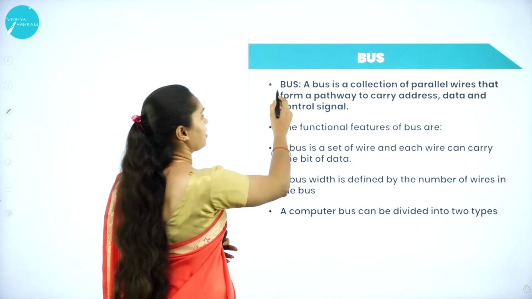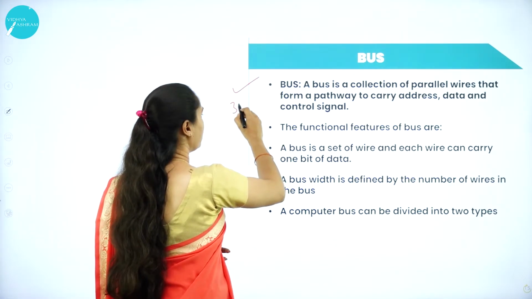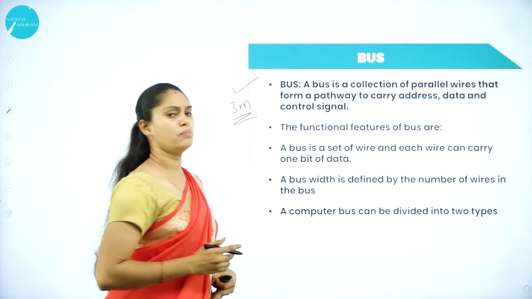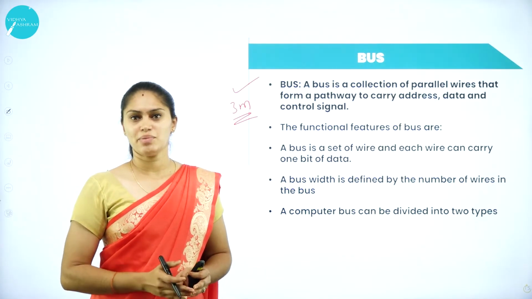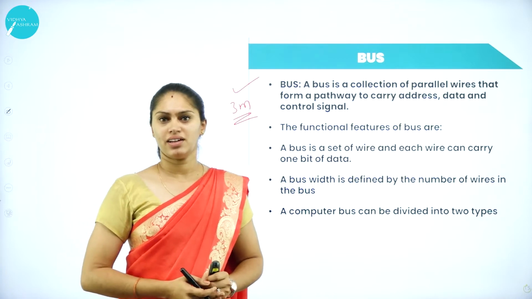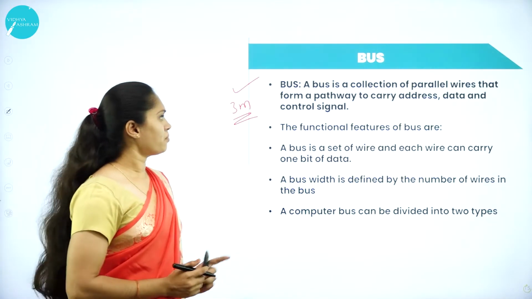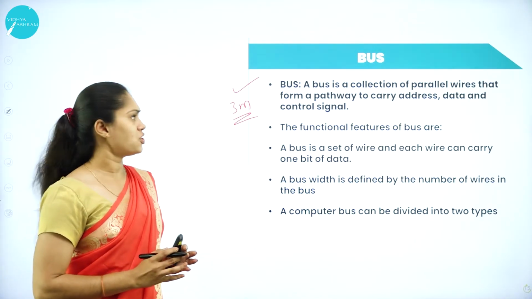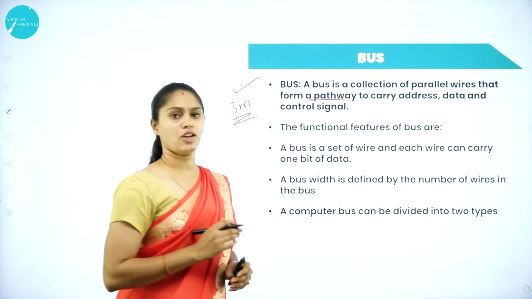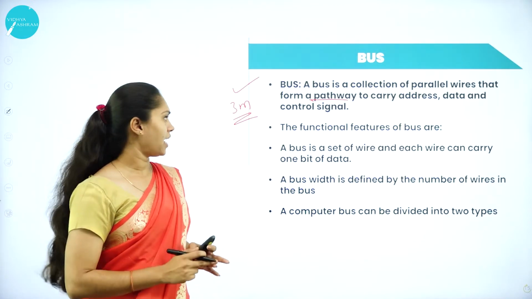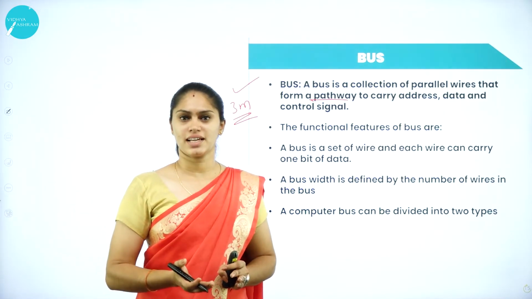So bus is nothing but, and you have to remember this bus concept is very, very important for a 3 marks question. What is bus? What are the types of bus? That will be very, very important. So bus is nothing but what? It is a collection of parallel wires. It forms a pathway in order to carry address, data along with control signals.